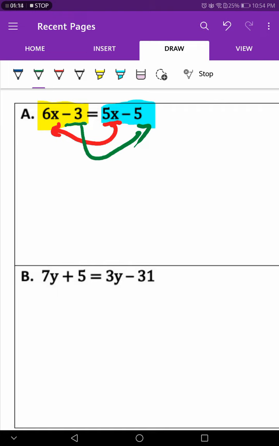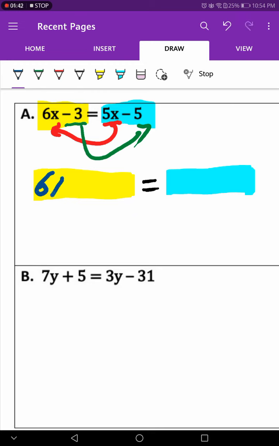Okay, so I will draw the equal sign here, and this is the left side, what the left side holds, and this is what the right side holds. The yellow one is the left and the blue one is the right, as you see. So from before, the 6x is coming down, and the new guest is 5x, but when I throw it, it will be negative 5x.